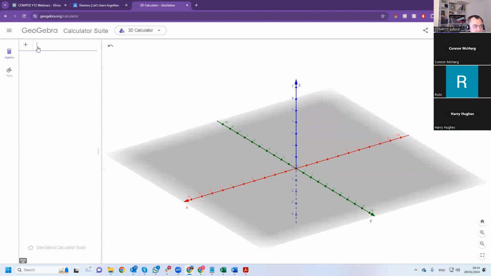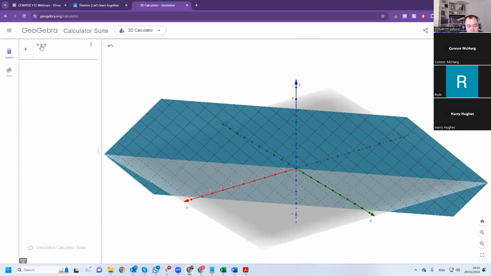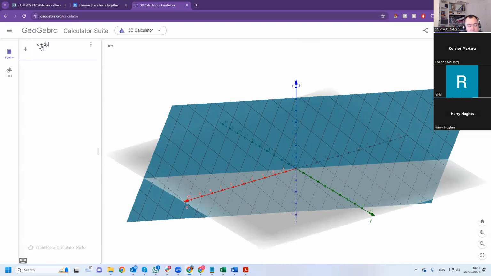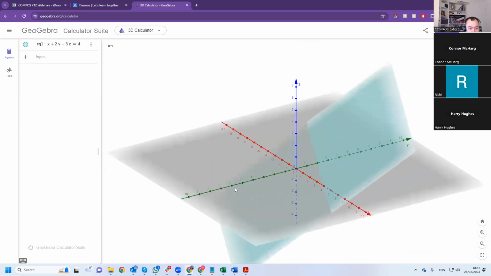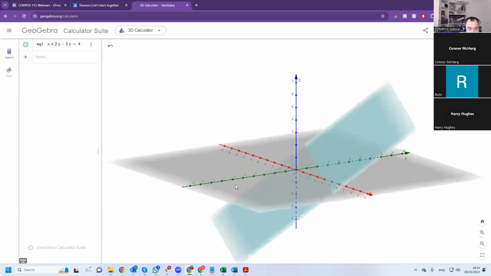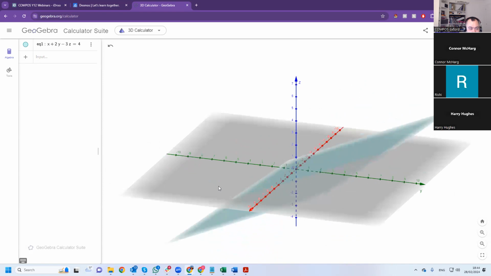And if I type in x plus 2y minus 3z equals 4, you can see that it is not a straight line, but in fact, it is a plane.